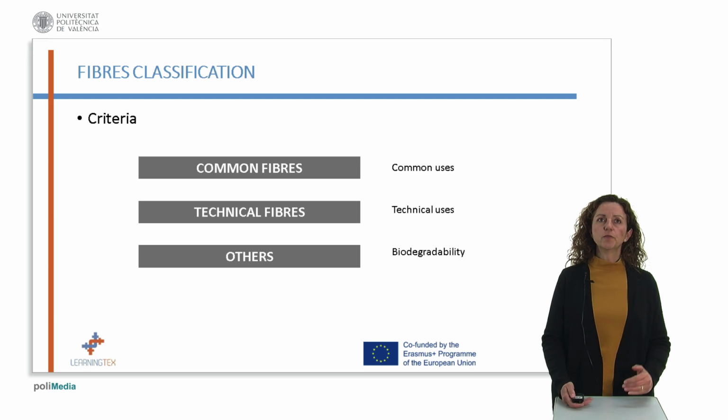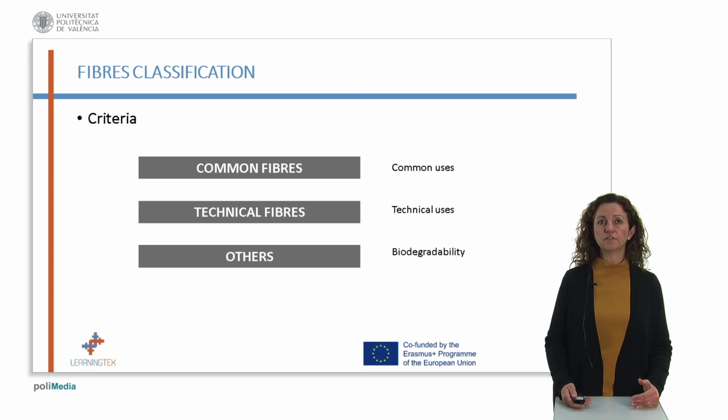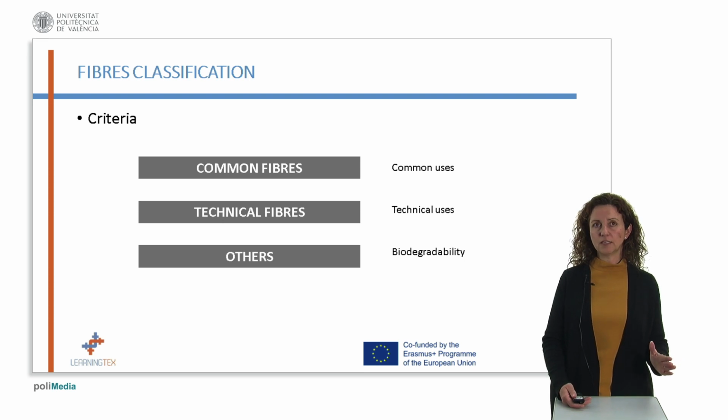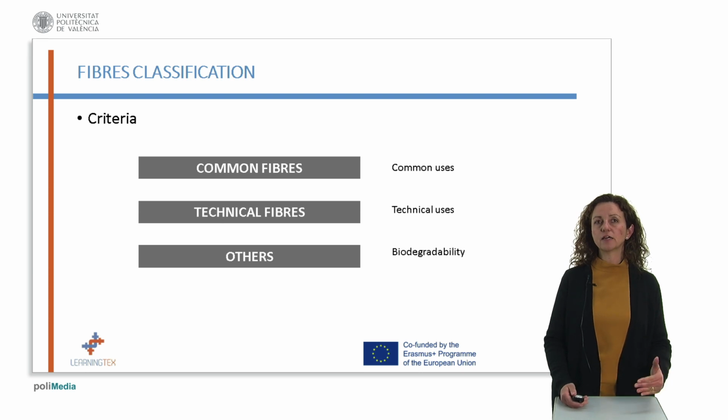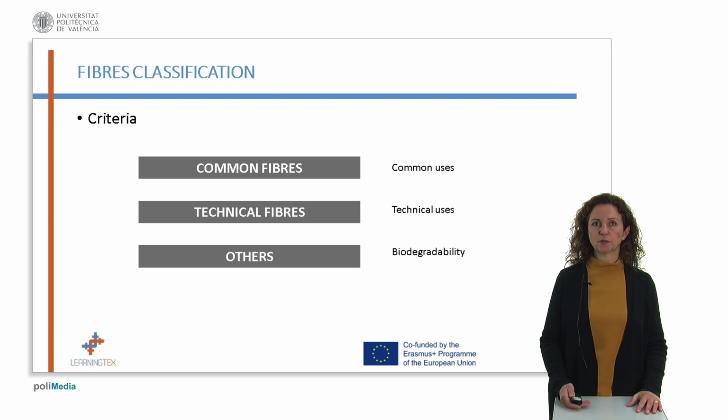So, if we move to the classification, we need to define a criterion. A criterion which could be based on whether they are common fibers, technical fibers, or any other criterion. For example, common fibers, because they are used for common uses, okay? So on this occasion, we could talk about clothes or garments or home textiles or any other fiber which is commonly used for routine aspects.